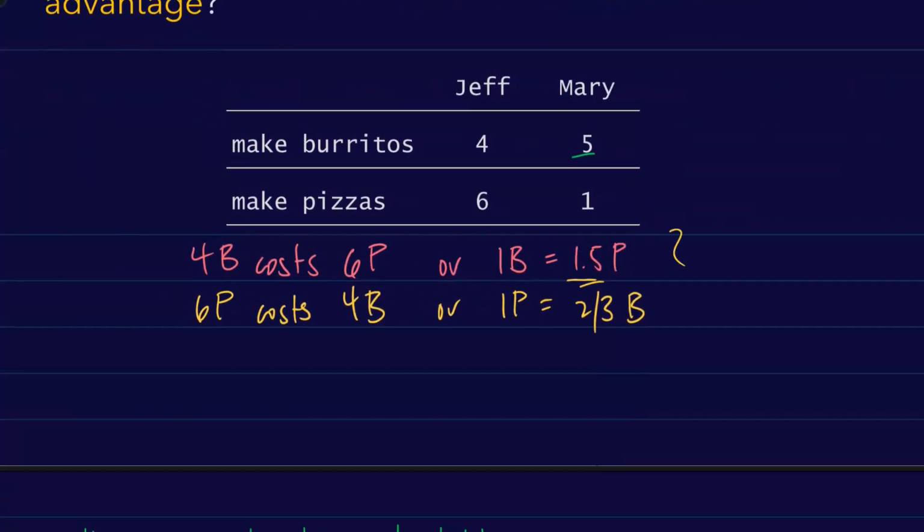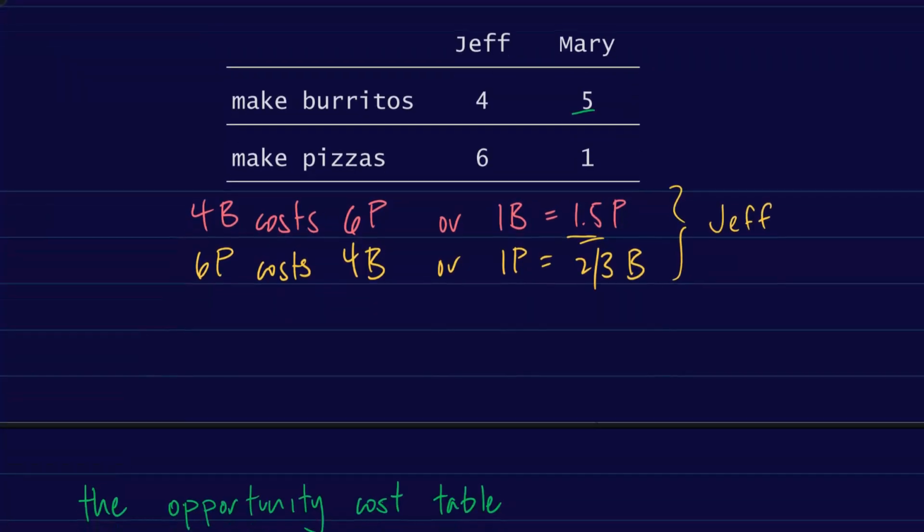Okay, so these were for Jeff. Now for Mary, so if Mary's making 5 burritos, then she's not making 1 pizza. So those 5 burritos that she makes costs us 1 pizza. Or if we reduce it, one burrito is costing us 1/5 of a pizza.